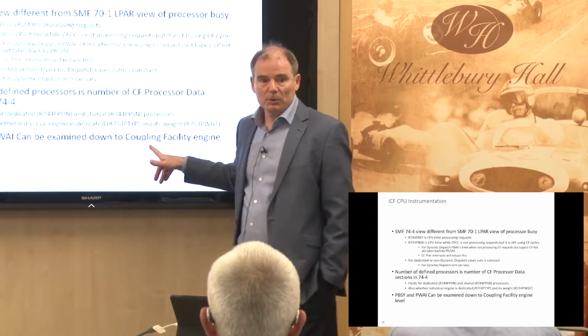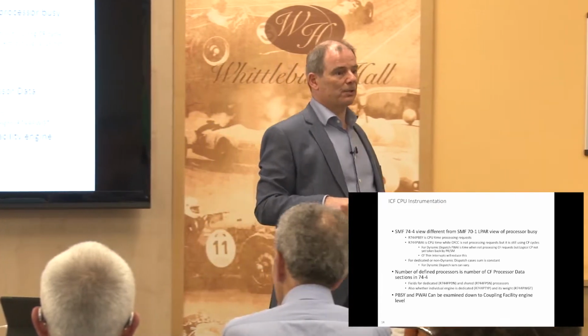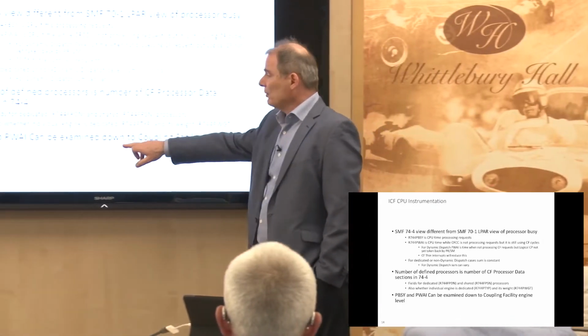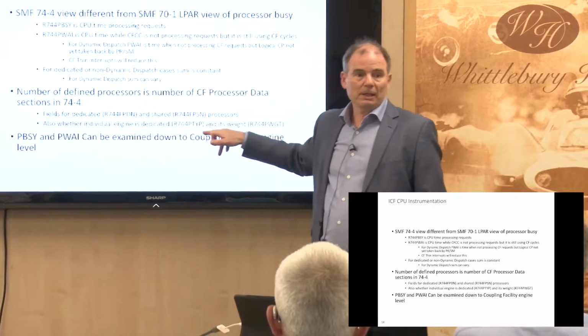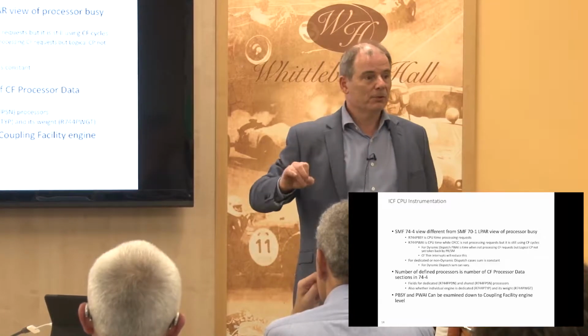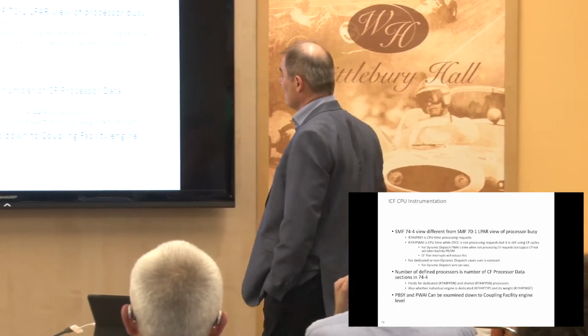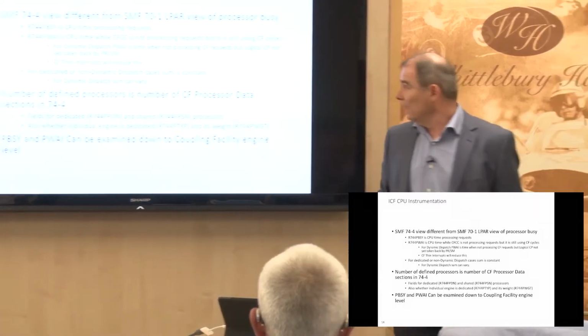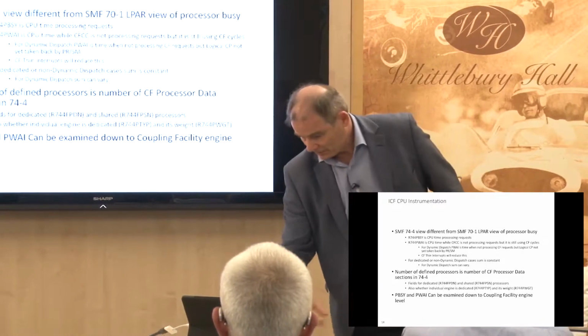One of the points I think I would make, and I've yet to find a great use for this, is you can examine the individual engine pBusy and pWait times in the coupling facility from 74 subtype 4 data down at the individual engine level if you so choose, because you might find there's skew there, which is back to the point that you just made some time ago. Okay.